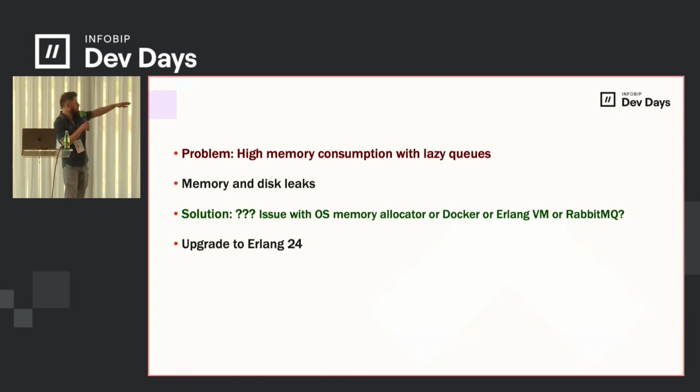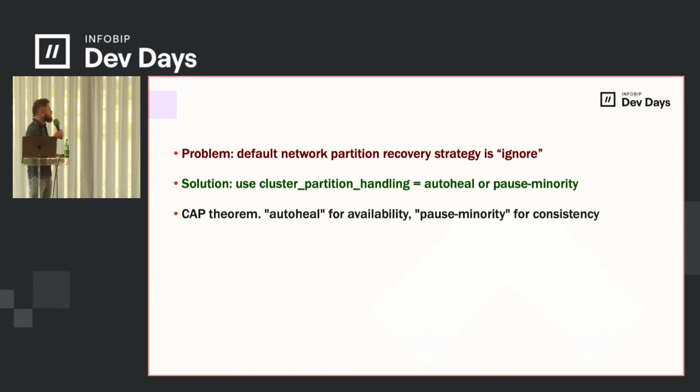Is it an issue with the memory allocator, Docker, the Erlang VM, or RabbitMQ? We have plans to upgrade to Erlang 24, the latest one, which is supposed to fix some performance issues, but it's incompatible with our current version, so we need an upgrade plan.